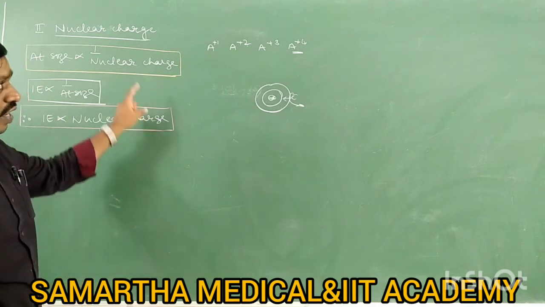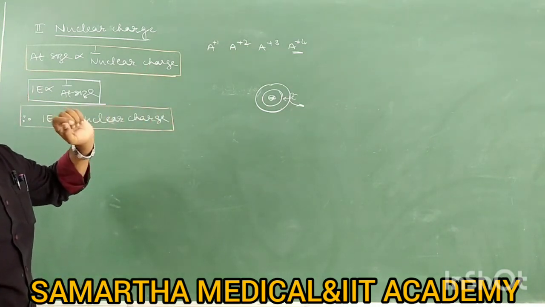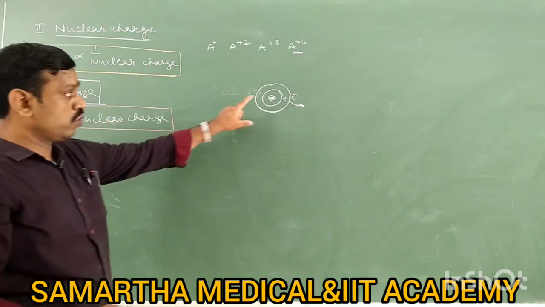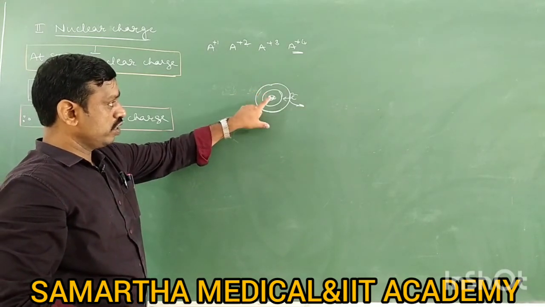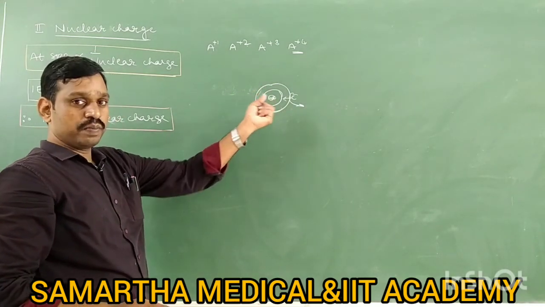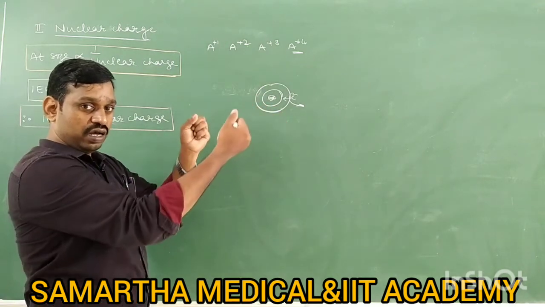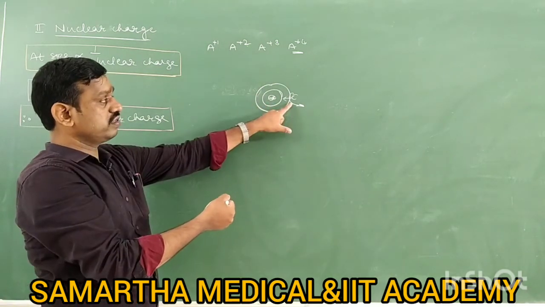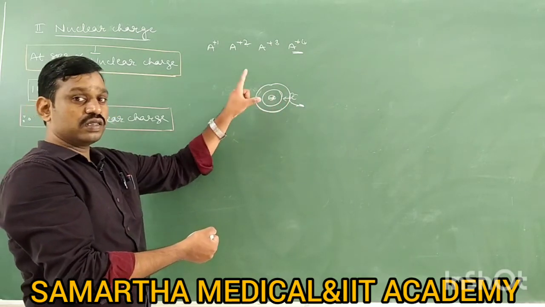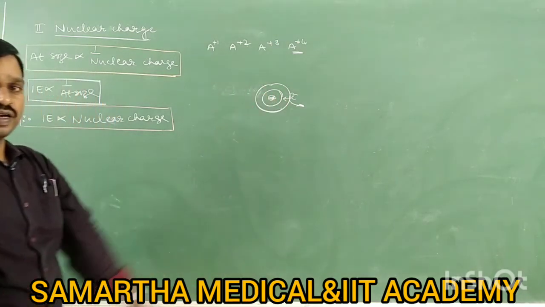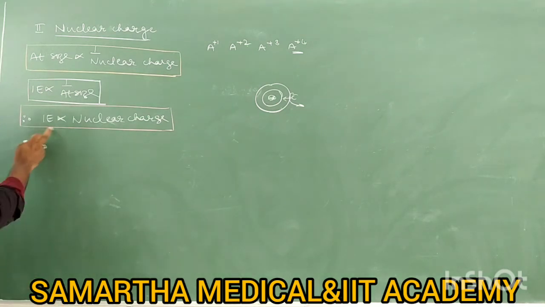Therefore ionization enthalpy increases. When the electron-holding nature of the nucleus increases, removal of the electron becomes difficult. So IE is directly proportional to nuclear charge.